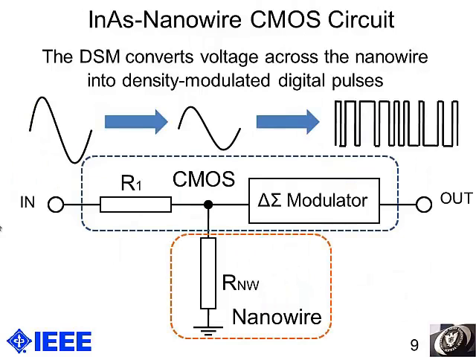Now I'll explain our indium arsenide nanowire CMOS circuit. We designed the circuit consisting of a voltage divider using series connected resistors and a delta sigma modulator. A single indium arsenide nanowire is used here as one of the resistors. The delta sigma modulator converts the voltage across the nanowire into density-modulated digital pulses like this.